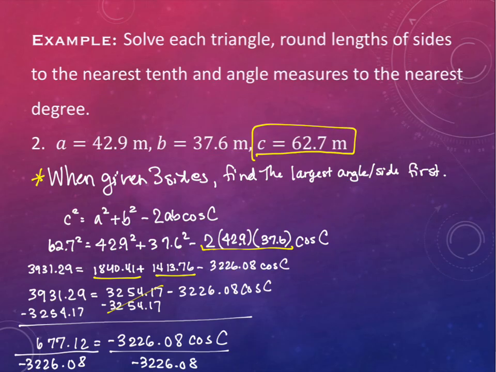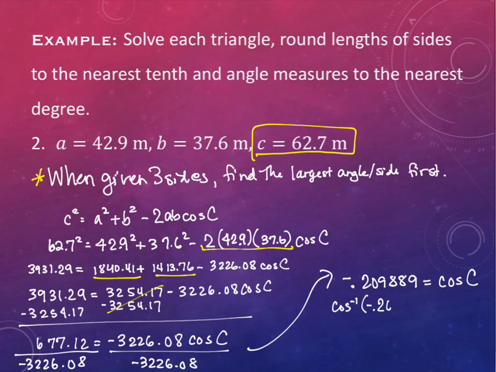All right, so moving along over here, I got negative 0.209889, if I use 6 decimals, is going to be equal to cosine of C. Then what? Yeah, we'll take the inverse. So we're doing the inverse cosine of this negative 0.209889.